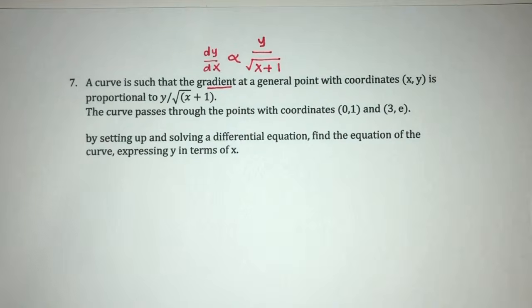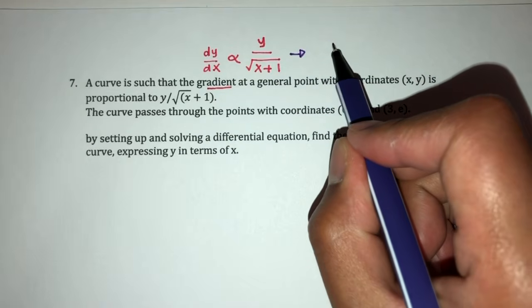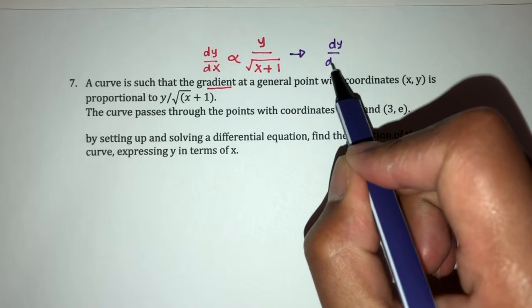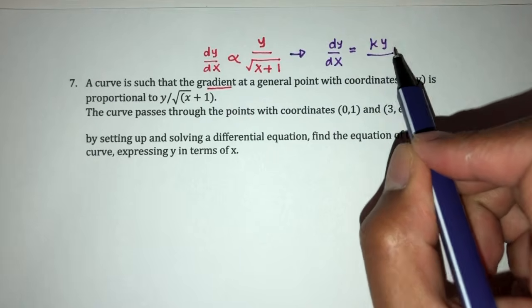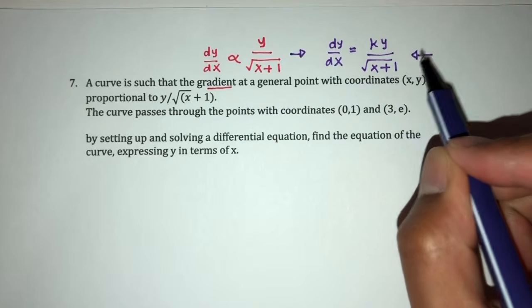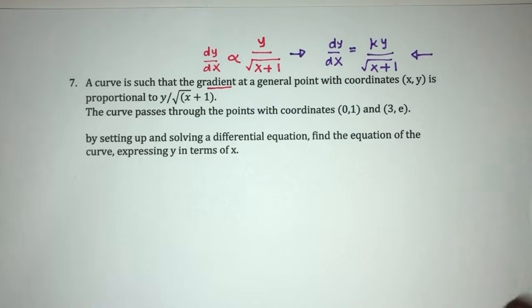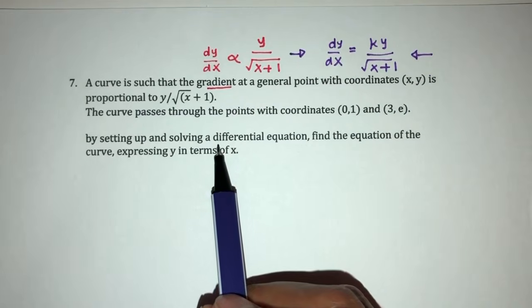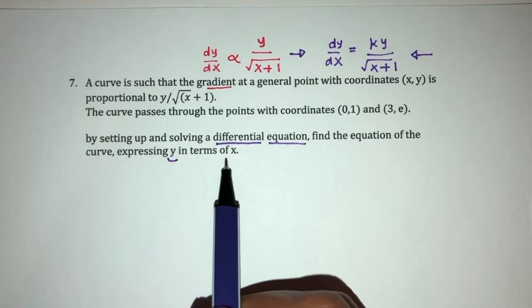Proportional is this sign. Now again, we do realize that we can rewrite this as dy by dx equal to k, as a constant, times y over the value of root x plus 1. Again, as you can see, we have to solve a differential equation in this question and then express y in terms of x.